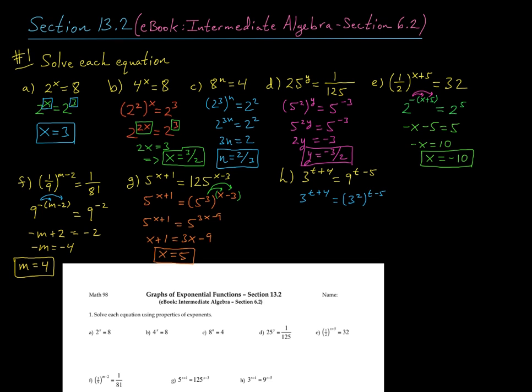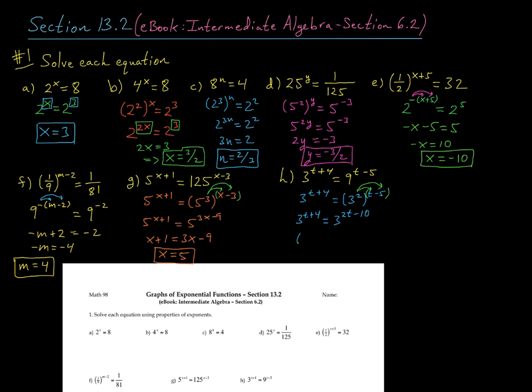And now, just like in part G, this exponent of 2 will multiply this exponent of t minus 5, but again, that 2 is going to multiply this entire expression, so it actually distributes. So we'll get 3 to the t plus 4 is equal to 3 to the 2t minus 10.